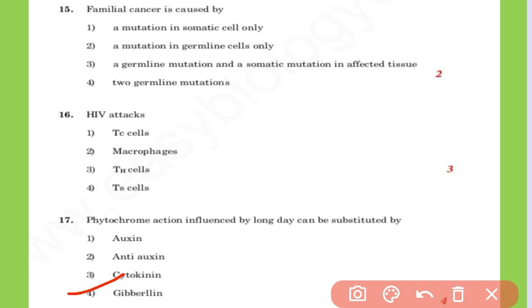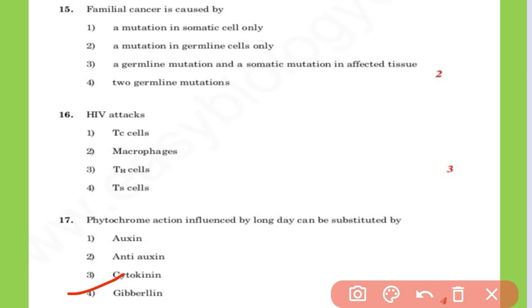The option second is antioxidant. The antioxidant means the chemicals or compounds that act against the auxin or inhibit the physiological functions of the auxin. Antioxidants like para-chlorophenoxyisobutyric acid, PCIB. This is an antioxidant, and this hormone competes with auxin for its binding site.